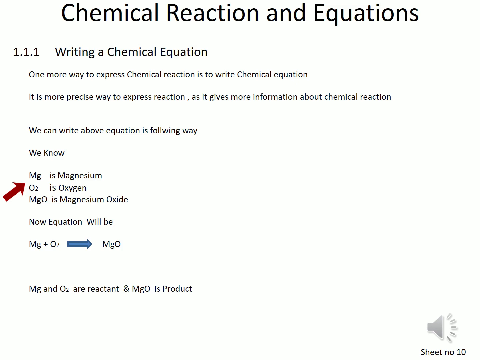We know magnesium is Mg, O2 is oxygen, MgO is magnesium oxide. So when Mg is reacting with O2, it becomes MgO. So here Mg and O2 on the left side are reactants and MgO is the final product.